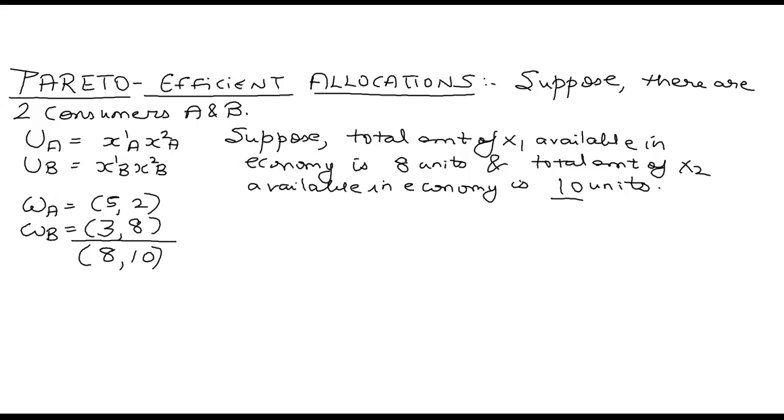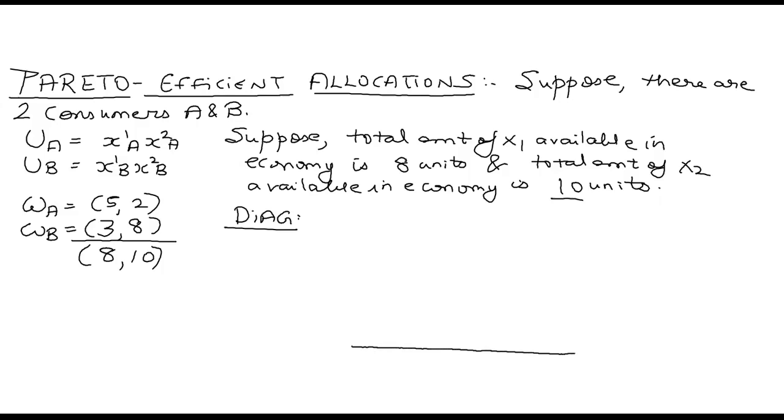Okay, so we can plot this in the Edgeworth box. So all of you focus on the diagram I am drawing. Now the length of the Edgeworth box denotes the total amount of good 1 available in the economy and the breadth of the Edgeworth box denotes the total amount of good 2 available in the economy. So using a ruler, I can draw a line of length around 8 centimeters.